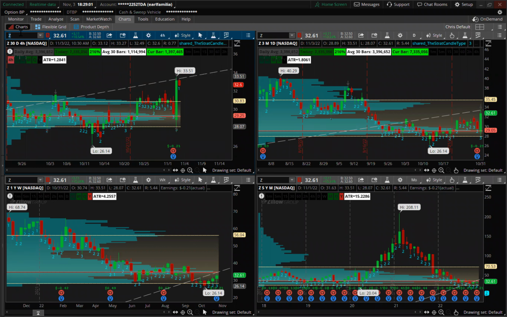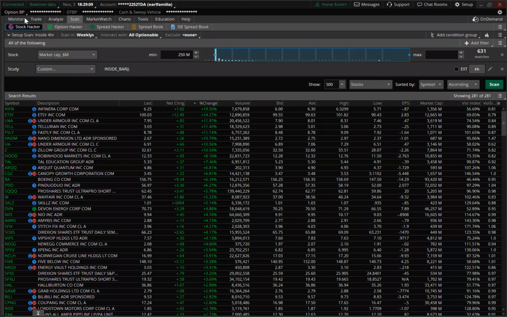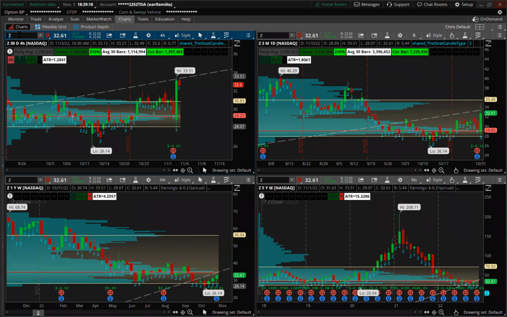Looks like we got outside candles everywhere: outside day, outside week. Looks like there's a morning outside 4 hour. Yeah, it's a lot going on with Zillow. I think for that reason I'm going to chill out on the Zillow though.